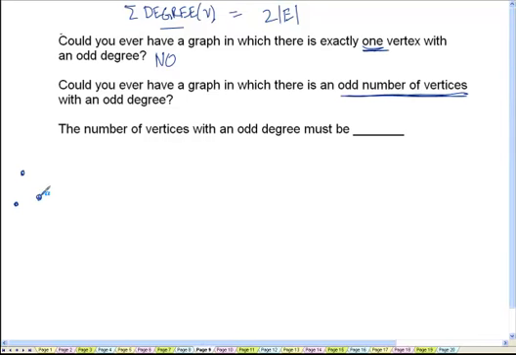So can you come up with edges here to illustrate such a graph? So let's call these vertex 1, vertex 2, vertex 3. How will you add the edges here such that all three of them have an odd degree?